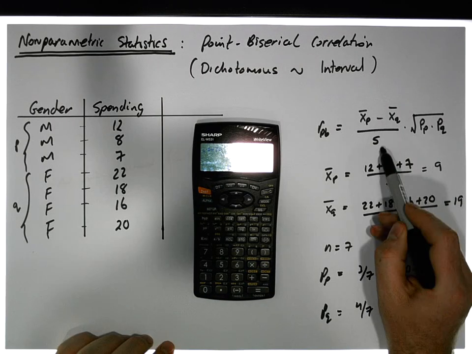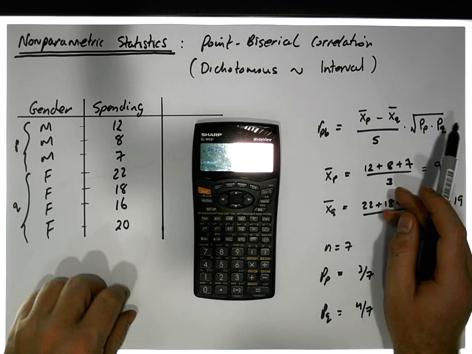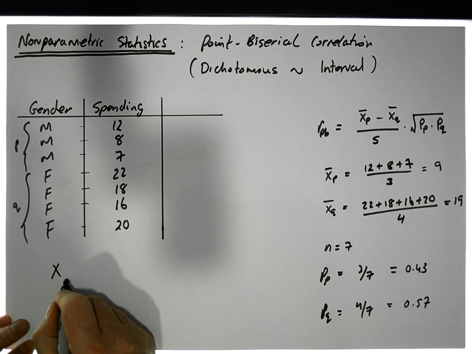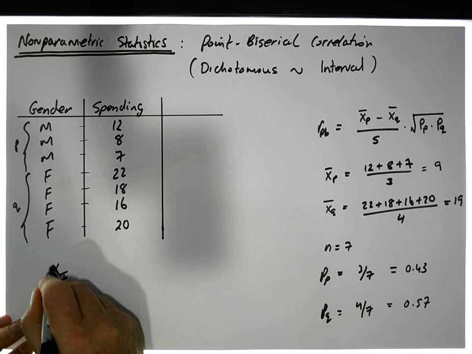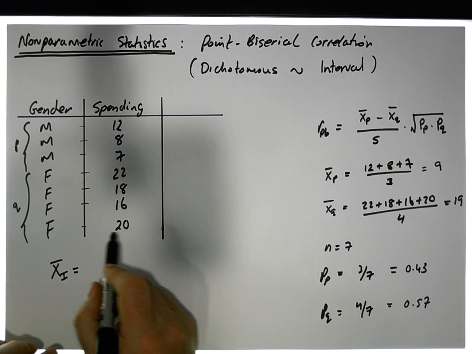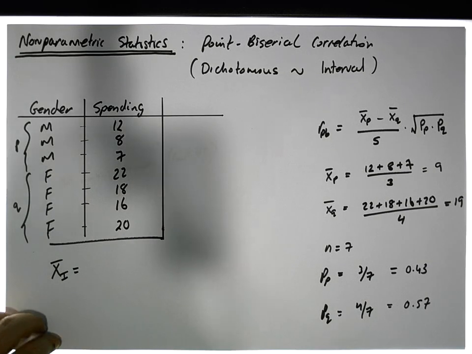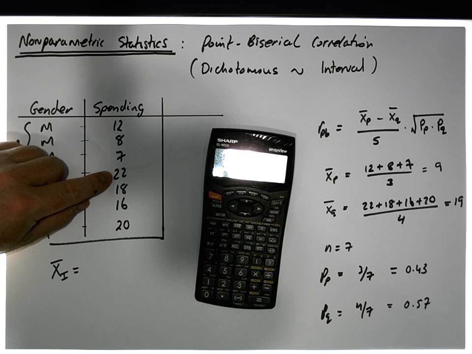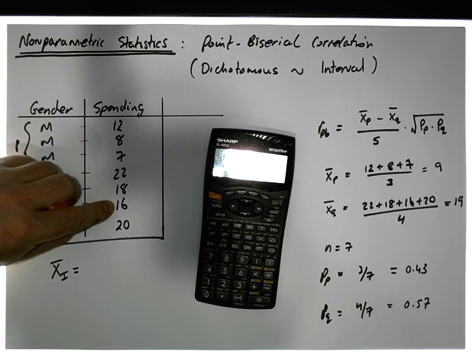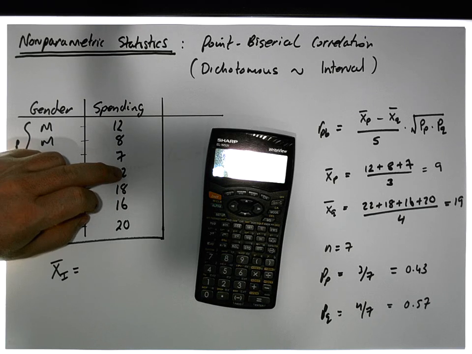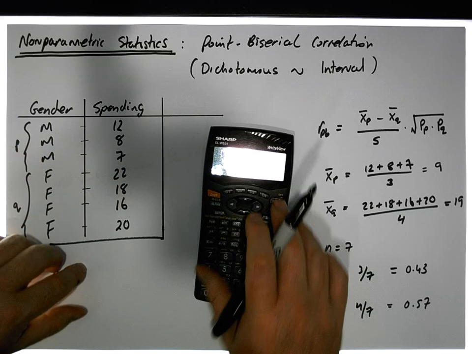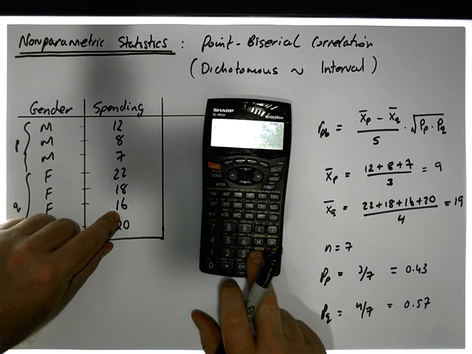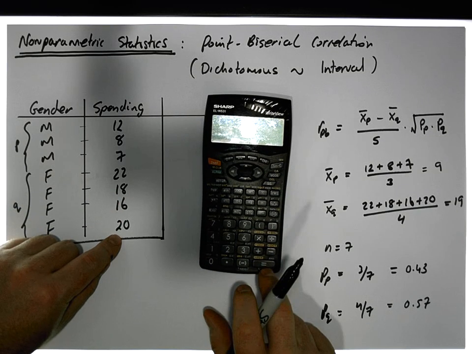The only thing we're missing is the standard deviation of the overall group. So let's calculate X̄ for the interval variable, which is the summation of all of these values. I'll do it on the calculator, since I probably made a mistake there. 12 plus 8 plus 7 plus 22 plus 18 plus 16 plus 20, so that I'm really sure.